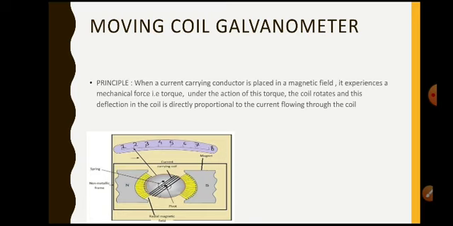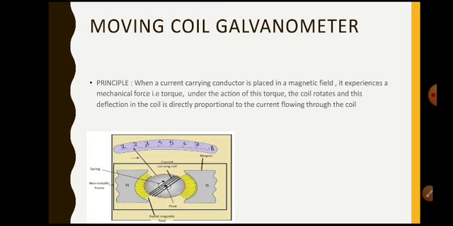When you place this current carrying rectangular wire in a magnetic field, it experiences a mechanical force. The mechanical force is a torque. Under the action of this torque, the coil rotates, and this deflection of the coil is directly proportional to the current flowing through the coil.